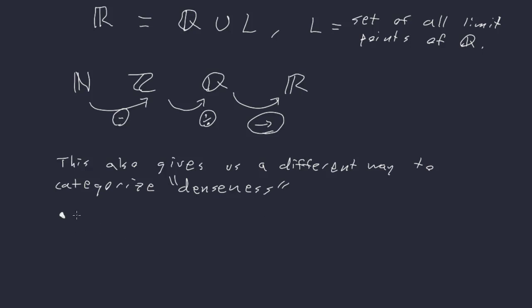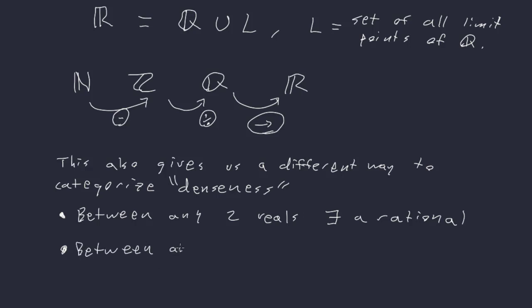So first, we know between any two reals, there exists a rational. And it goes much further than that. You can take this idea and then say that between any two reals, there exists an infinite number of rationals.